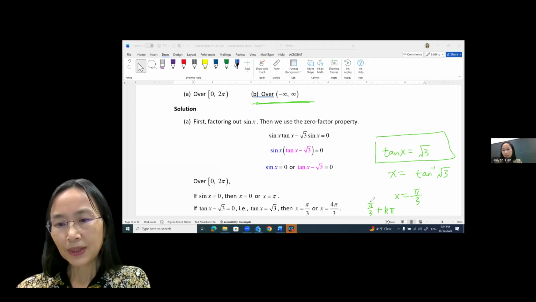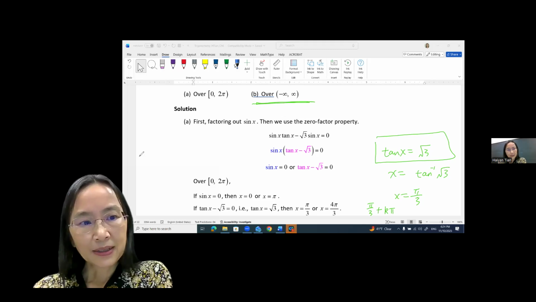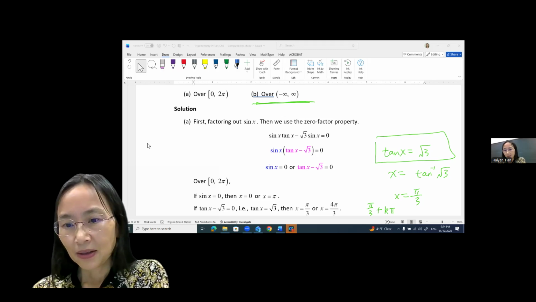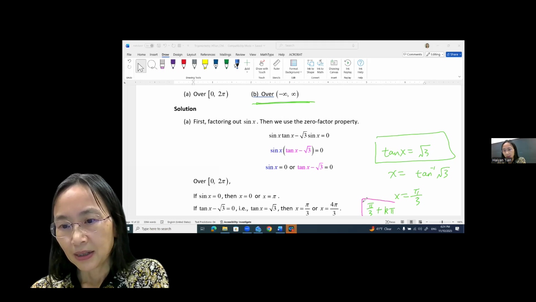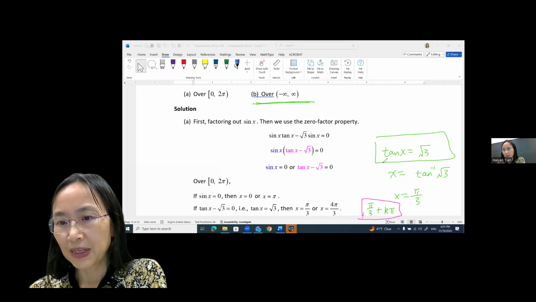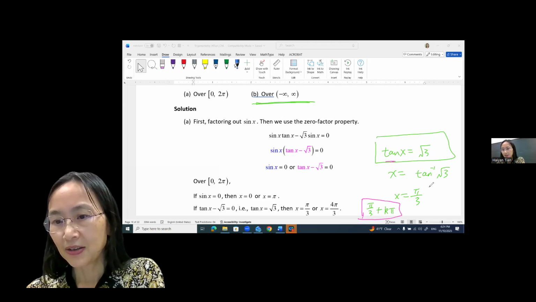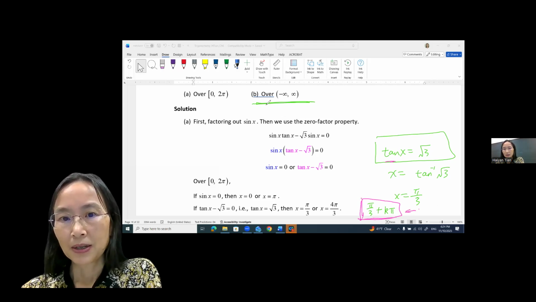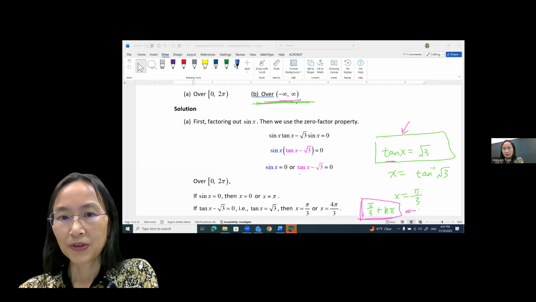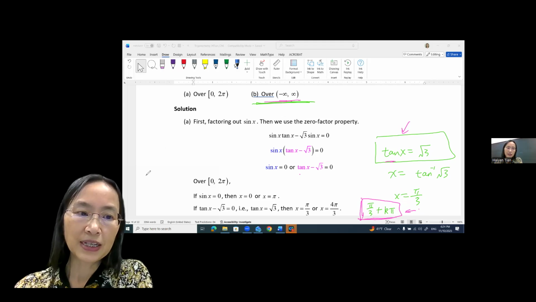Yeah. So that means this is already possible for the tangent function. As soon as you find one solution, then use the period of tangent being pi, then you can find all solutions of this equation over negative infinity to infinity.